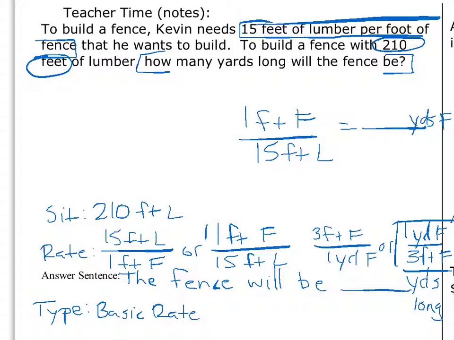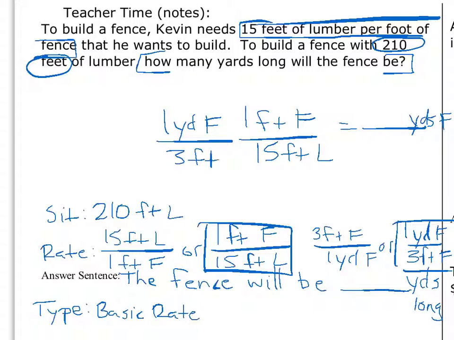Now we've also used this guy already, so when we plug this in, 1 yard of fence over 3 feet of fence, we're going to see that that gets our yards on top, which is perfect, because that's what we need left over is yards of fence, and it's going to cancel out feet of fence with feet of fence. Are we done though? No, what's the problem? We've still got, Jalen?